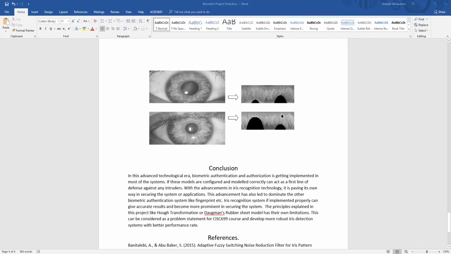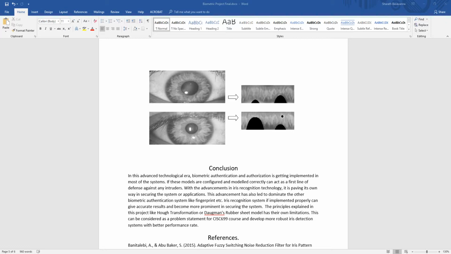Coming to the conclusion, in this advanced technological era, biometric authentication and authorization is getting implemented in most systems, and if these models are configured and modeled correctly, they can act as a first line of defense against any intruders. There have been many advancements in iris recognition technology, and it's paving its own way in securing systems. These advancements have also led it to dominate other biometric systems like fingerprint.